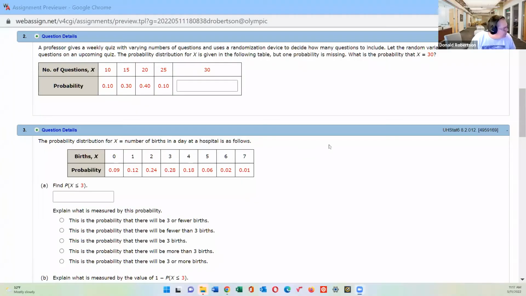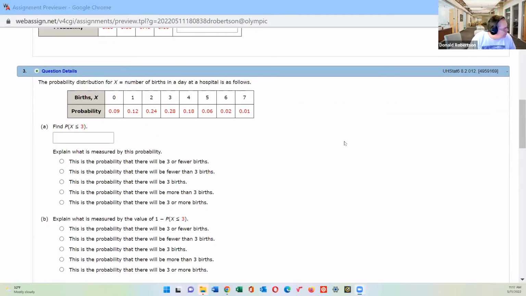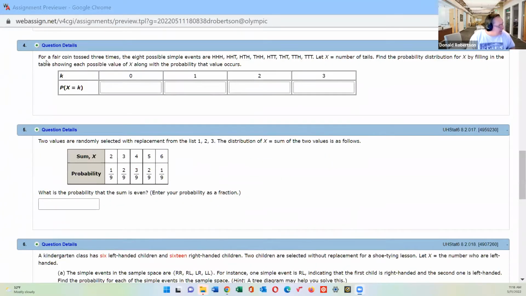And we're going to do it from a story involving throwing coins. So I've lost the question. Here it is. For a fair coin tossed 3 times, there are 8 possible events. And here are the 8 of them. See them all there. Let X be the number of tails. And let's see if we can find the probability of each one of these events happening.